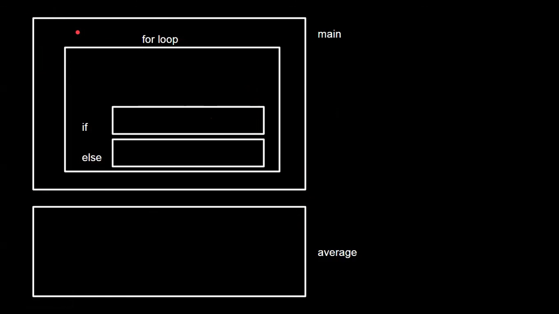If I define a variable inside the main function, then that variable can be used by any statement. It can be used inside the for loop, inside the if statement, and inside the else statement, because all these three statements reside inside the main function.